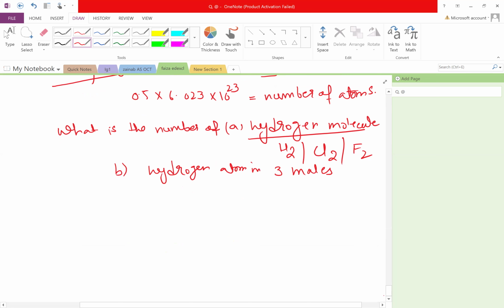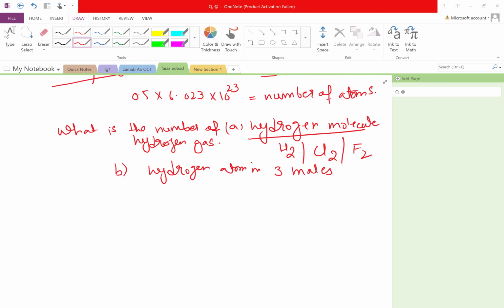What is the number of hydrogen gas? Number of hydrogen gas. What is the number of hydrogen? Okay, so now what we are going to do first?